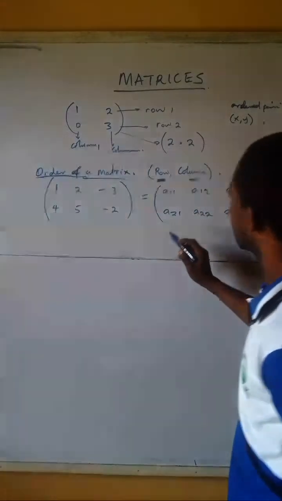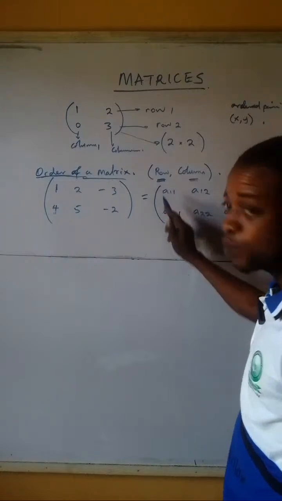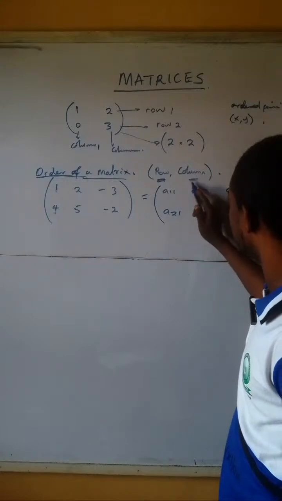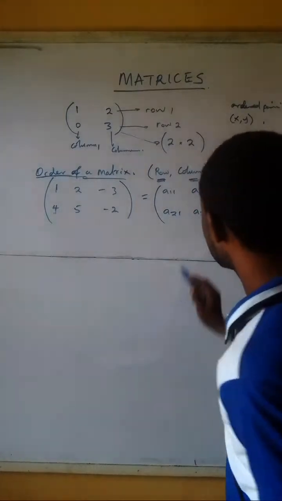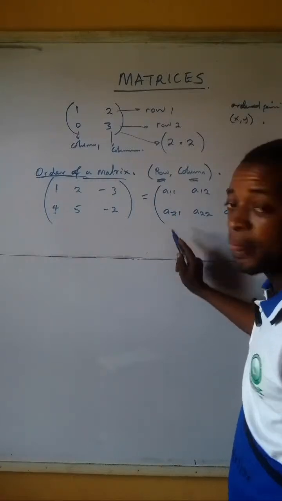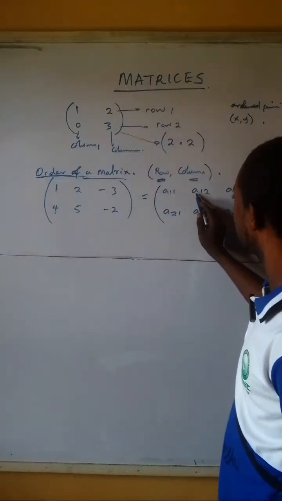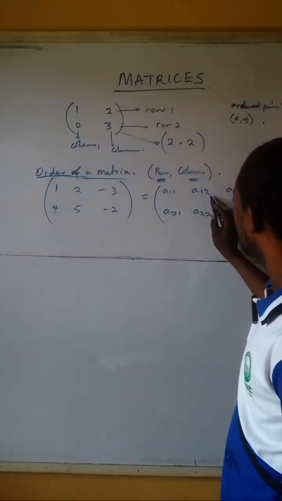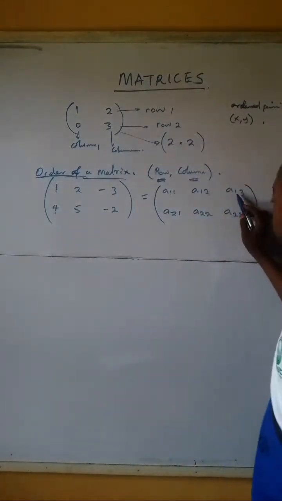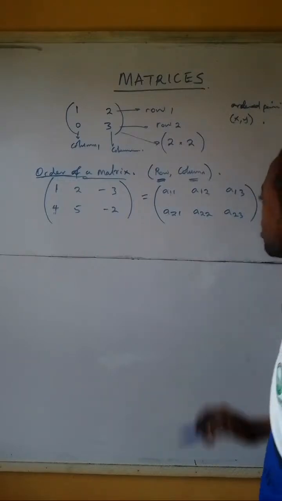Now, what this means is that the first number here signifies the row in which this number is, and the second number signifies the column. The first one here means that we have this number in row 1, column 1. The second one implies we have this number in row 1, column 2. Then here we have this number in row 1, column 3.